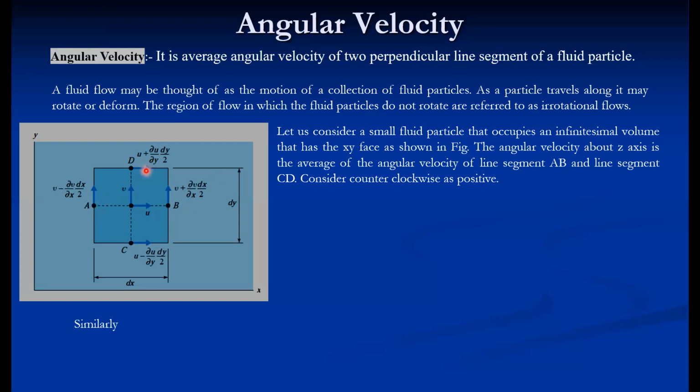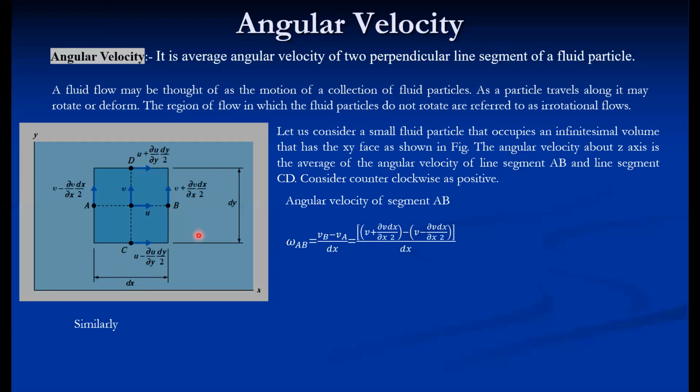Now we will calculate the angular velocity of the line segment. First of all, we'll calculate the angular velocity of line segment AB. As per the definition of angular velocity, it is nothing but velocity divided by arm distance or radius, because v is equal to r omega.